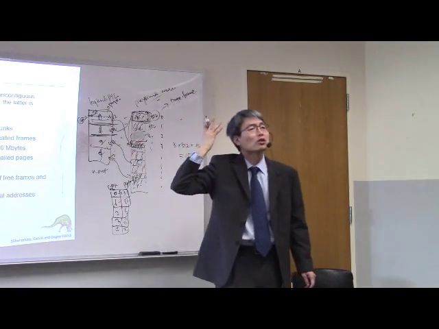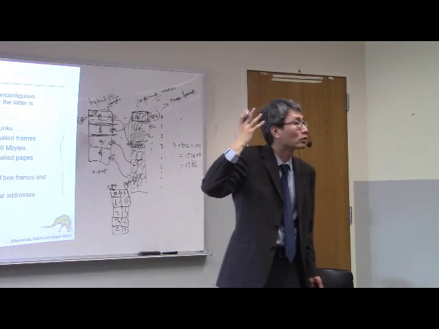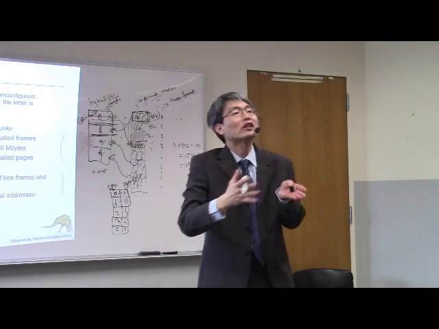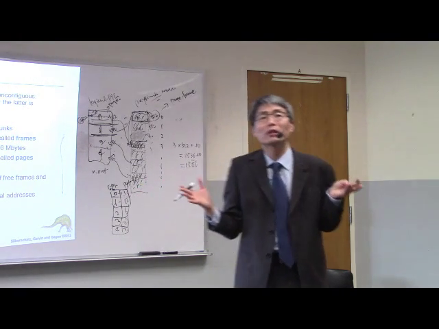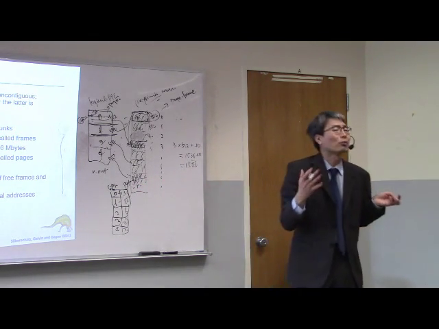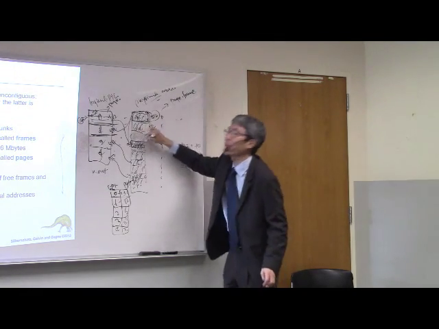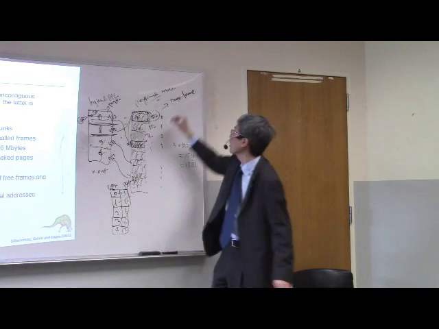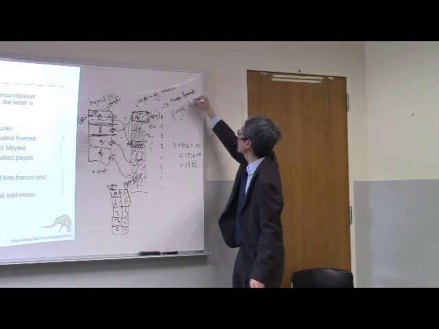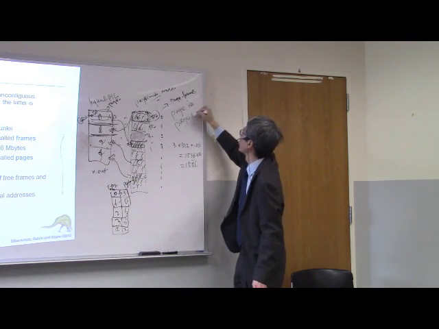Do you remember the swap in and out? Swapping is for an entire program. However, swapping an entire program requires a lot of I/O. So we need to swap in and out page by page. That is called page in, page out.